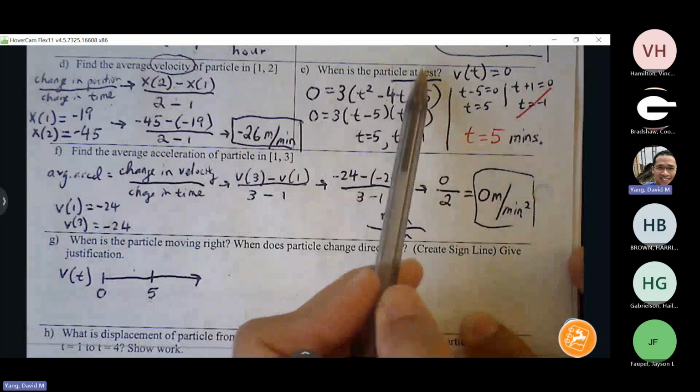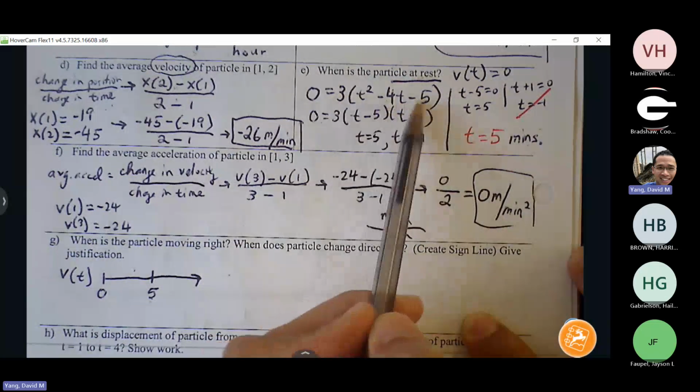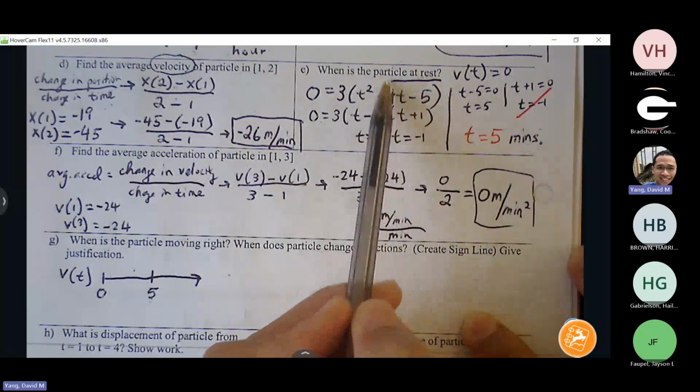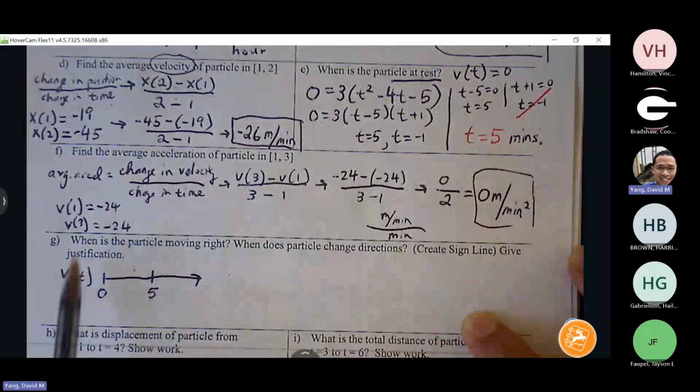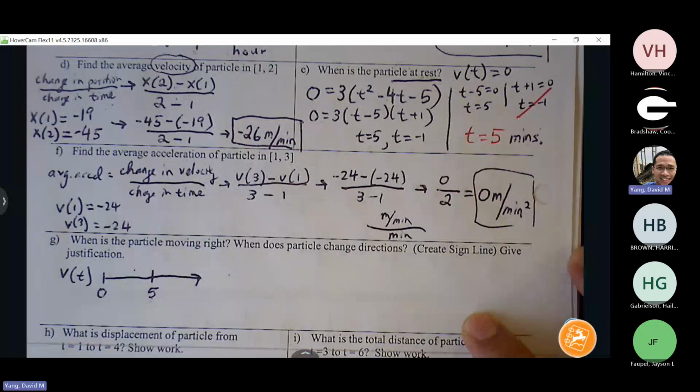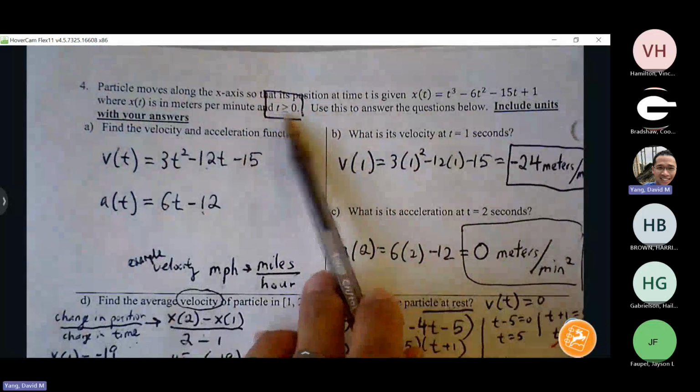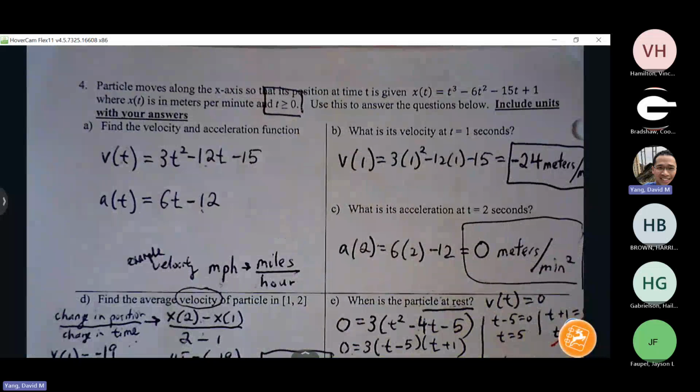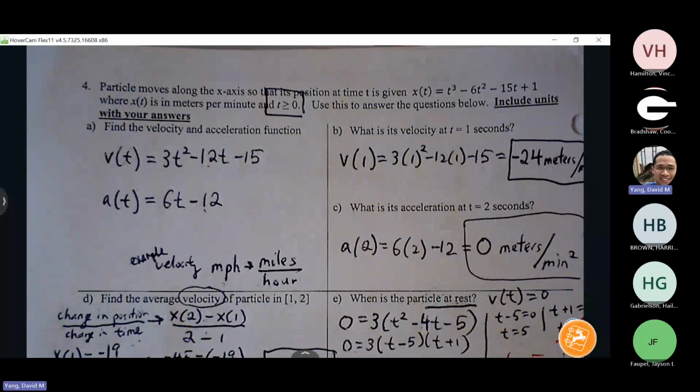Well, it depends on whatever you get here. We only want to put time values where the particle is at rest on the velocity sign line. The 0 came from the fact that that's part of our domain restriction. We know we can't get negative numbers, so that is an endpoint for us.